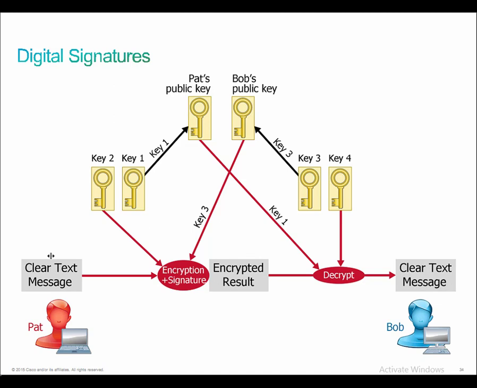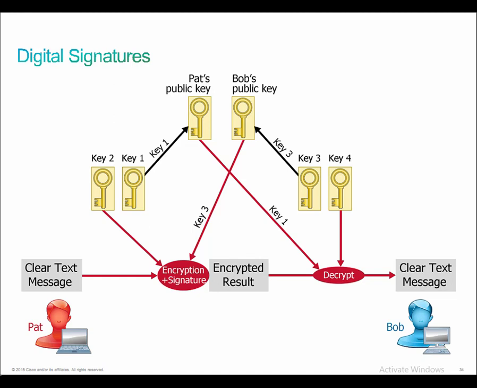Not only did Pat encrypt the data using Bob's public key, but Pat also hashed the data using his own private key, which Bob can then verify with Pat's public key. By doing that, Bob can essentially be assured that the data came directly from Pat, because the only way that hash would have been generated is because of knowing that private key. And the only person that knows that private key is Pat.